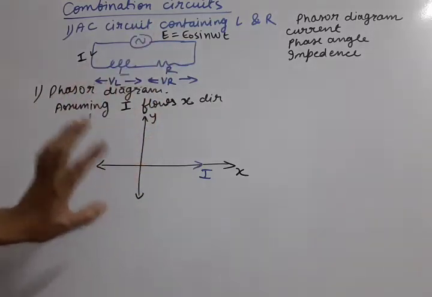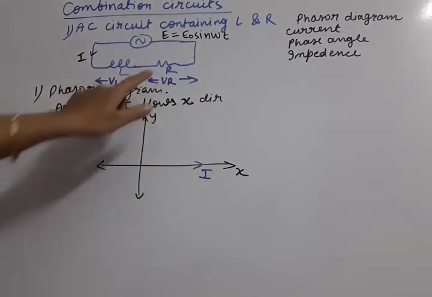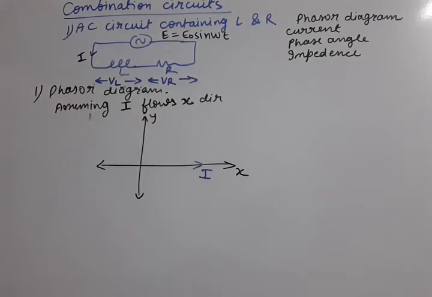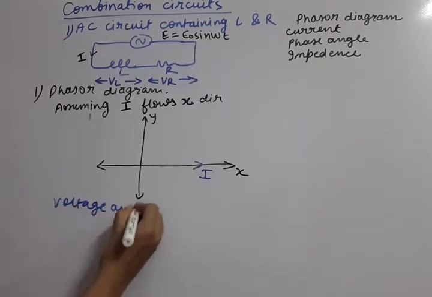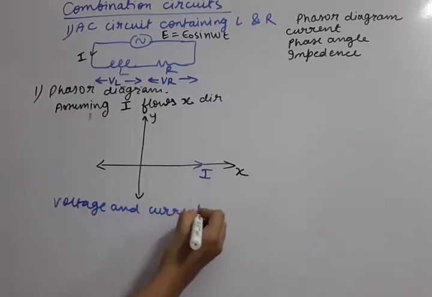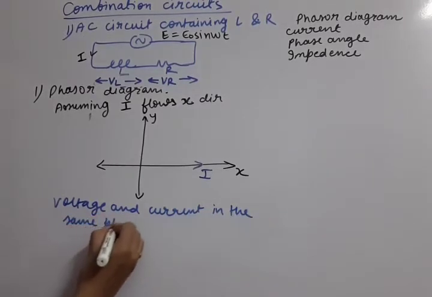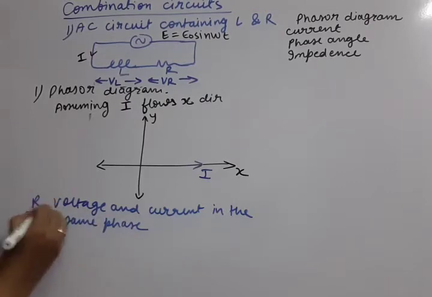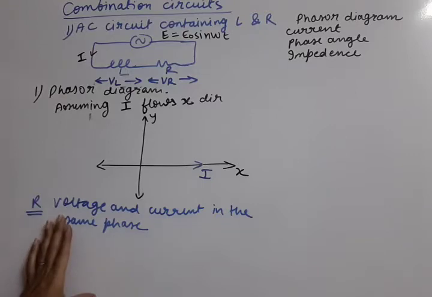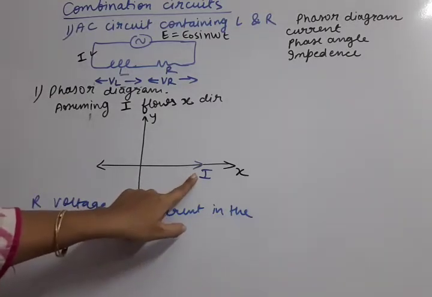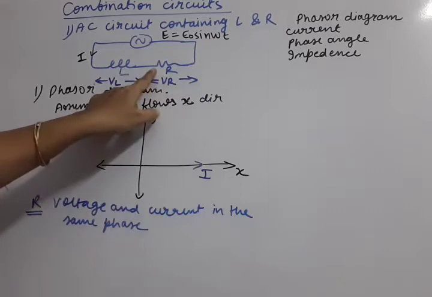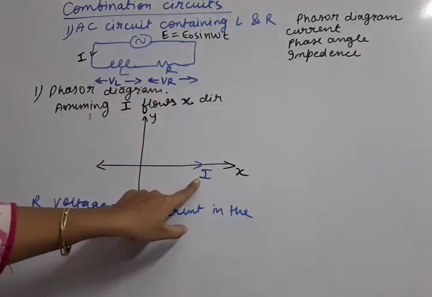Now we have already understood that whenever only the R component is connected across AC, the voltage and current are in the same phase. That is the case of the R circuit. So using this conclusion, if the current of the circuit is flowing in the X direction, the current of the resistance is also flowing in the X direction.